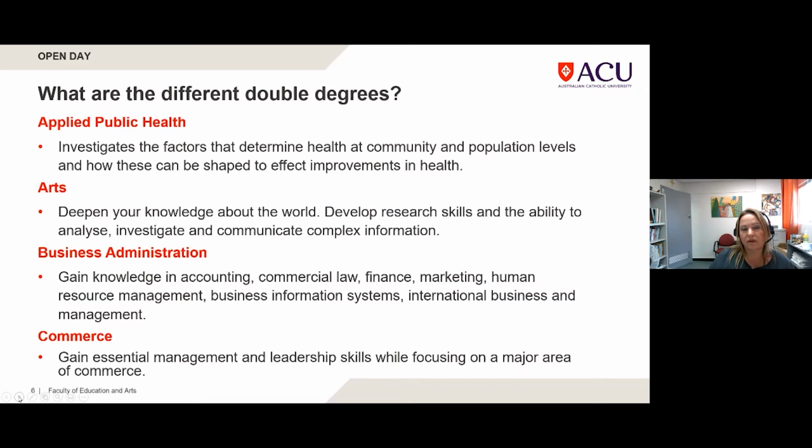And so in applied public health, what you're looking at is health outcomes within large population groups, and how social, cultural and environmental factors determine the health outcomes of people living in poorer parts of the world, whereas in wealthier countries such as Australia, what we call high income countries, premature death and living with illness is often more related to lifestyle factors.